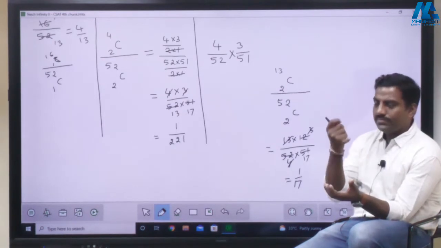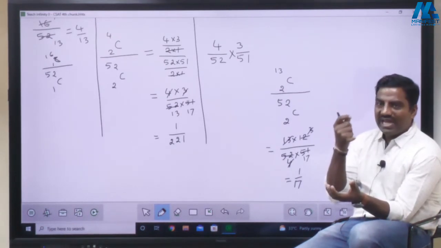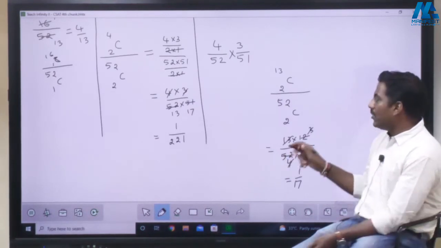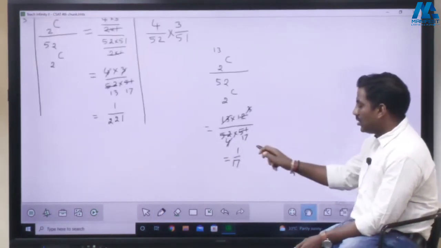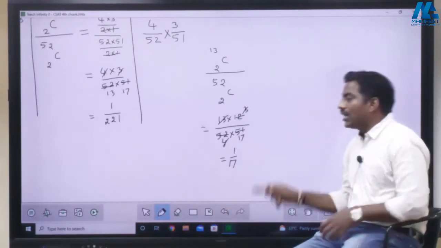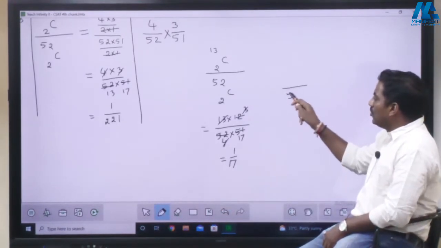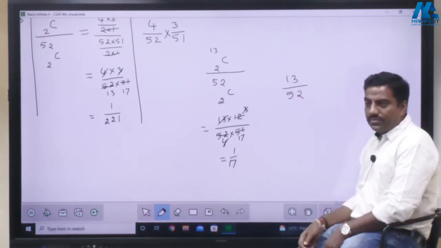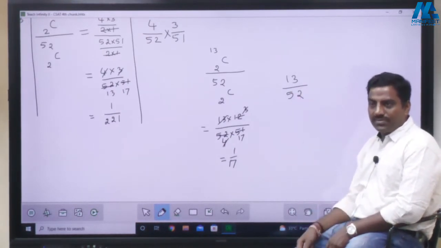I'll pick one, and that has to be a diamond. I'll replace the card back. So the first probability is what? You have picked up one card out of 52, and 13 are the possibilities.